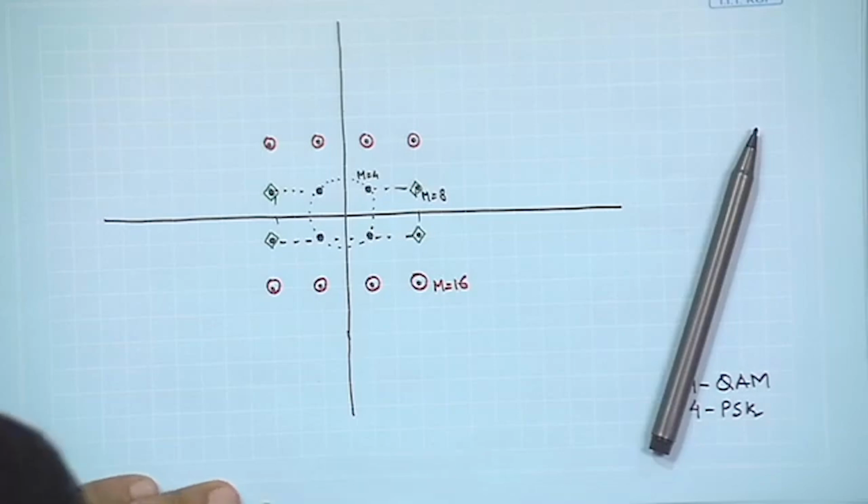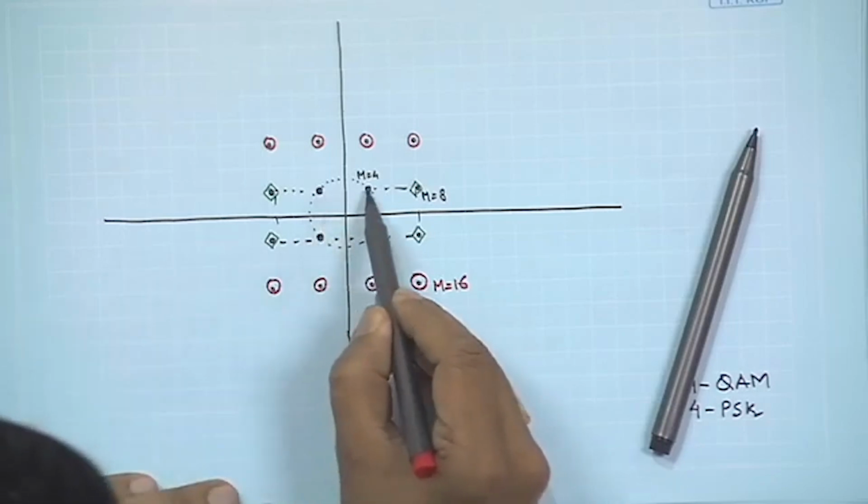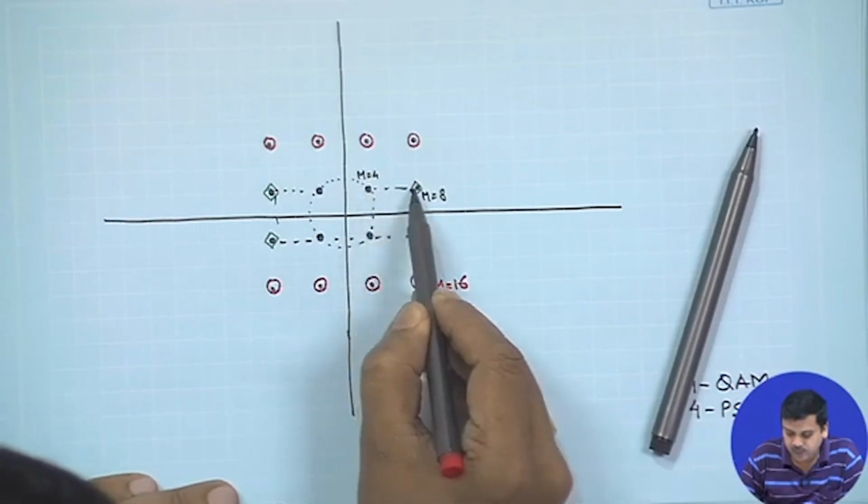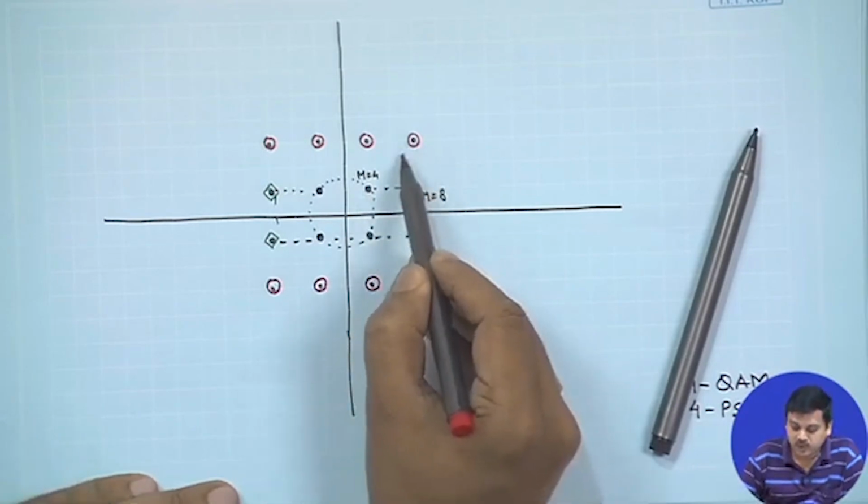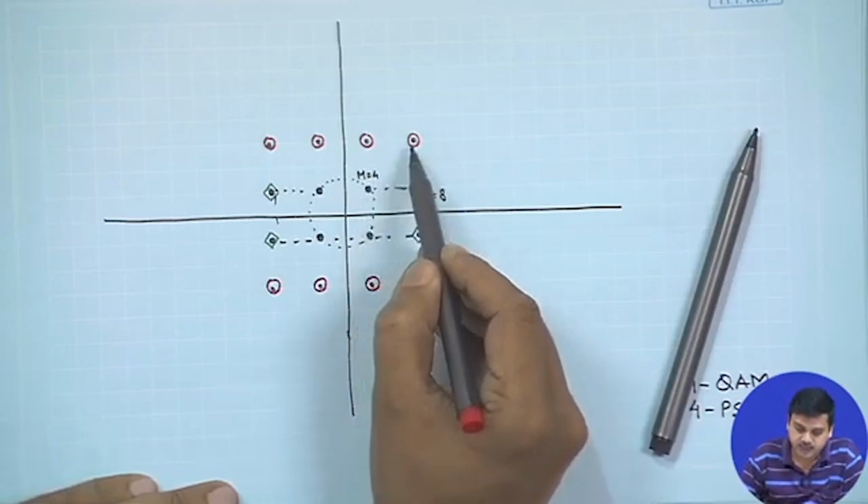So, what you can see is that we are easily scaling from 4 to 8 to 16 without changing the earlier constellation, right.